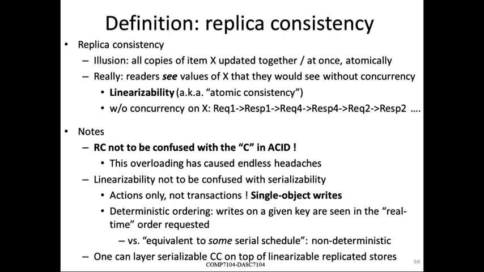Serializability is about the isolation property of transactions, while linearizability is a recency guarantee on reads and writes of an item, of an individual object, for instance, a record. So a recency guarantee. It doesn't say anything about transactions. And in a system, we could want both serializability and linearizability.